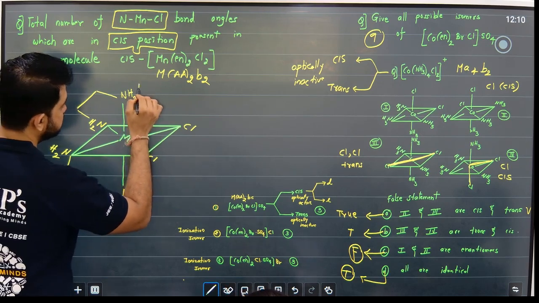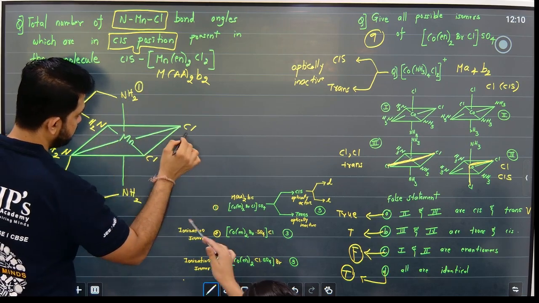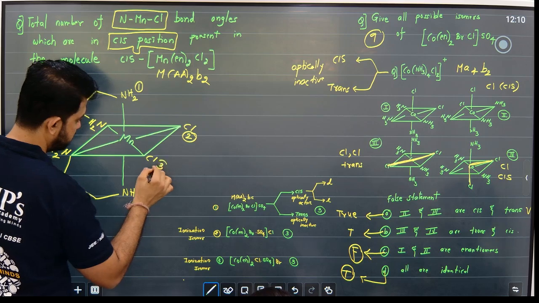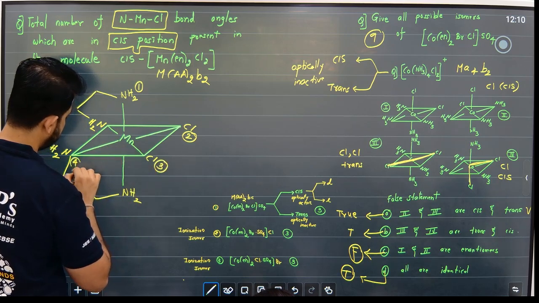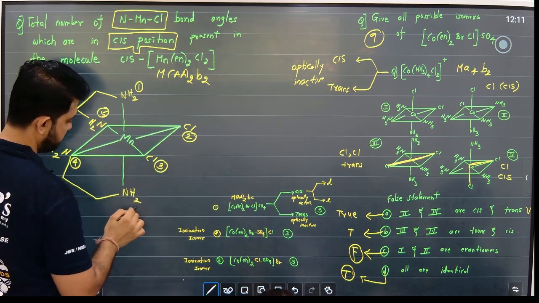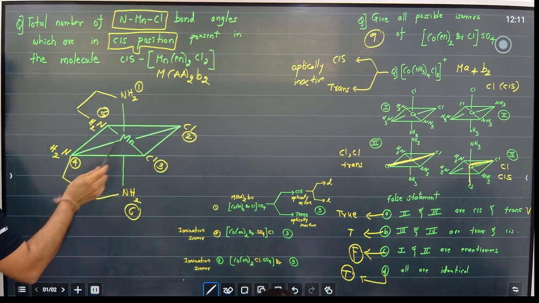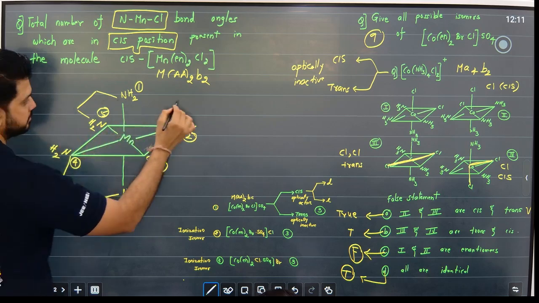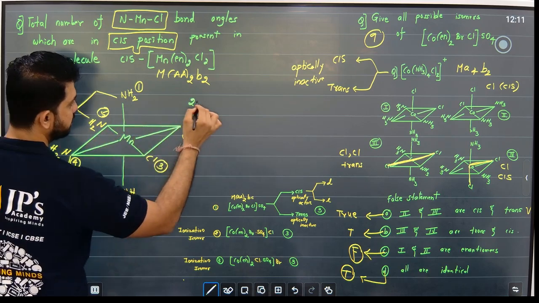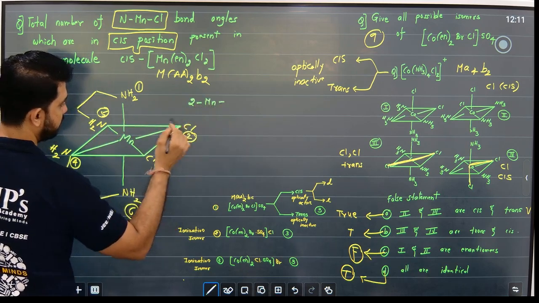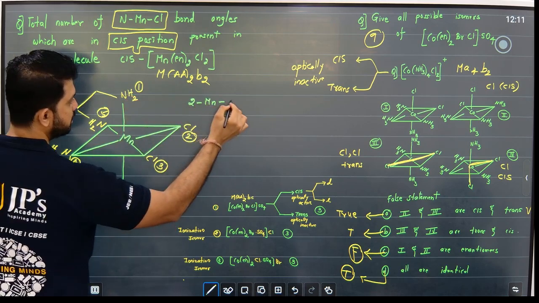Let's number them. I'll number this as 1, 2, 3, 4, 5 and 6. If I start from 2, go to Mn, then I go to 1.